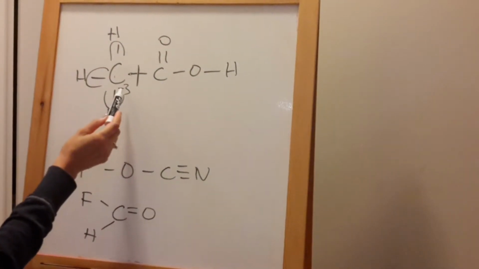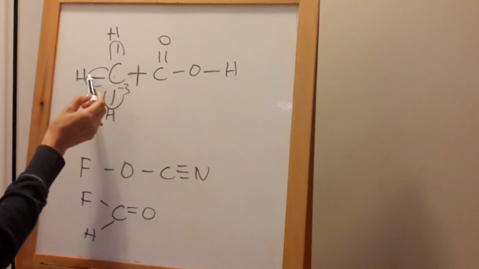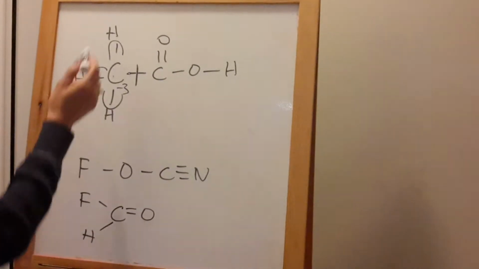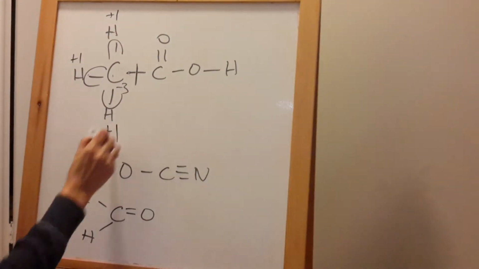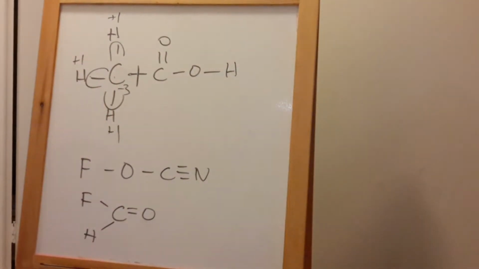The charge of -3 it gets because it takes that electron from hydrogen, and that one, and that one. A total of 3 electrons added means a -3 charge. Likewise, hydrogen will end up with a +1 charge because each of these have lost their electron to carbon.